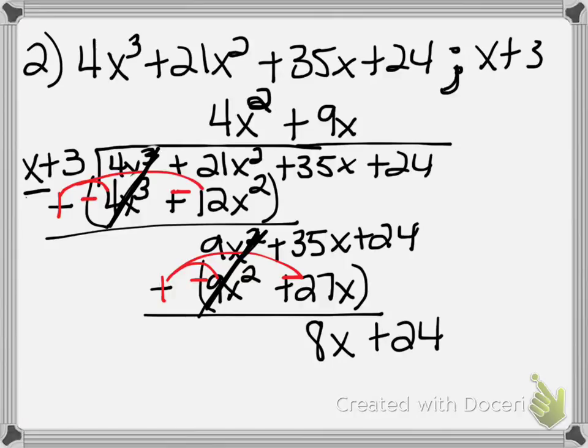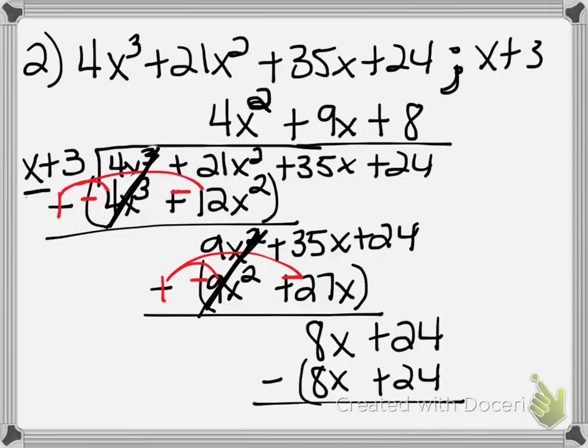And now I ask myself, x times what gives me 8x? That would be 8. So 8 times x is 8x. 8 times 3 is 24. And I need to subtract this, which means I need to distribute this negative. So now I'm going to combine my like terms. 8x plus negative 8x is 0.